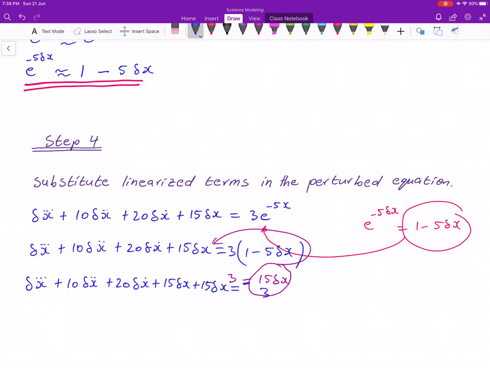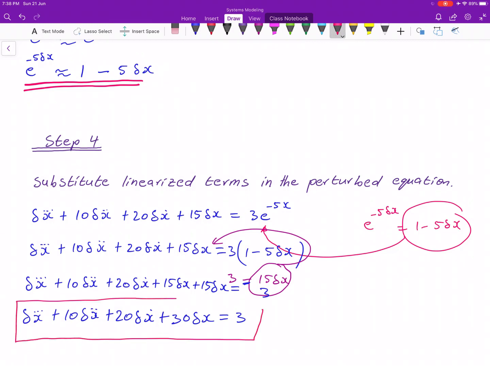So delta x triple dot plus 10 delta x double dot plus 20 delta x dot plus 30 delta x is equal to 3. This is our final answer, and as you can see, it does not contain any nonlinear term.